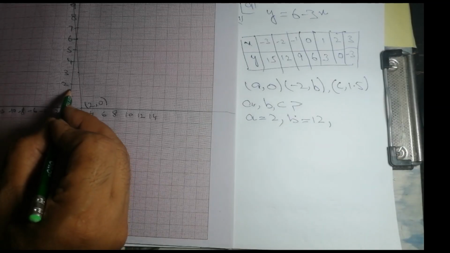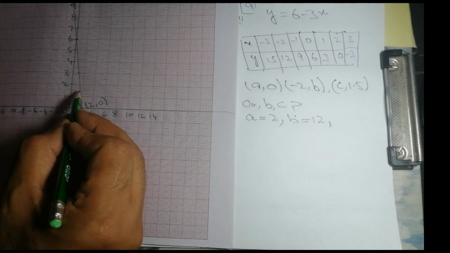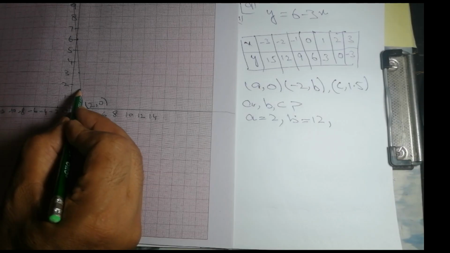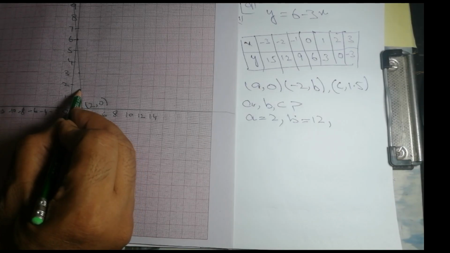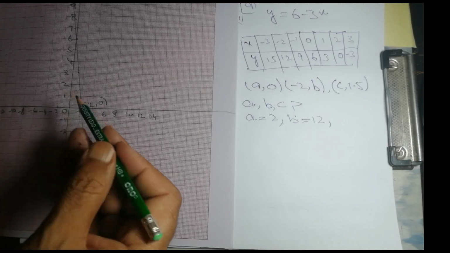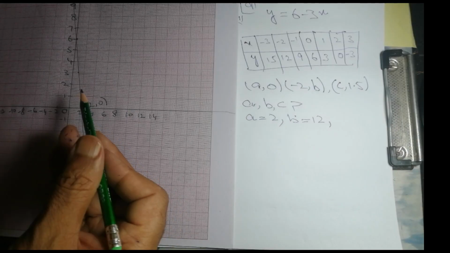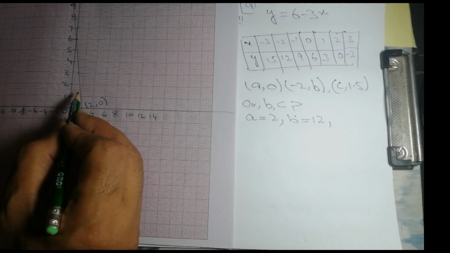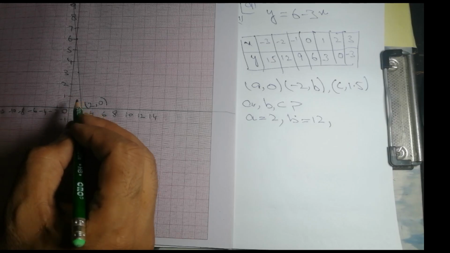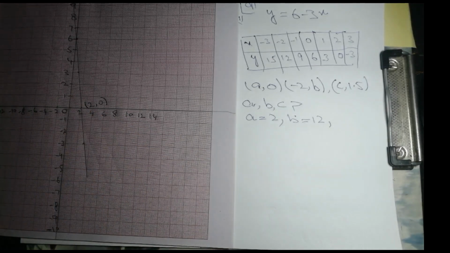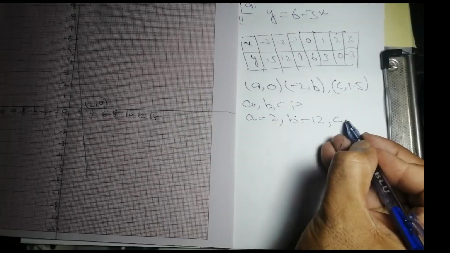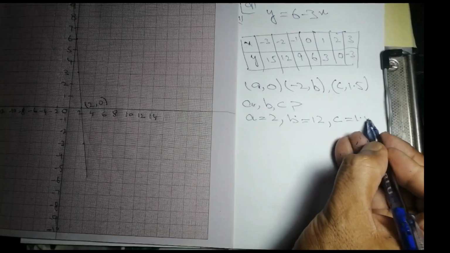Y is 1.5 up to somewhere here, and it should be here on this line. What is x here? About 1.5. I think this is also 1.5. So c is equal to 1.5.